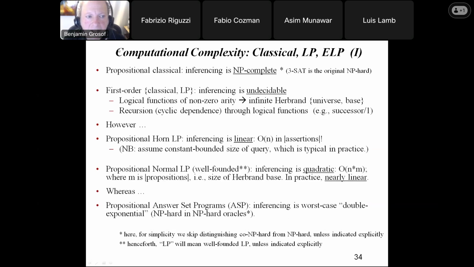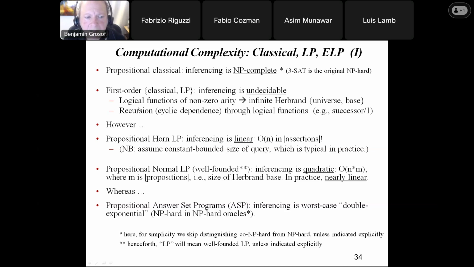Now let's talk in more detail about computational complexity, to try to understand what's going on with it. The propositional case I mentioned is NP complete. That was the original NP hard problem from over 50 years ago now. First order, both in classical and LP, inferencing is undecidable. Now, why is that? That's because as soon as you permit logical functions with non-zero arity, then the Herbrand universe and the Herbrand base become infinite.